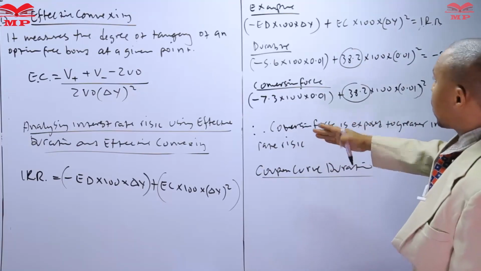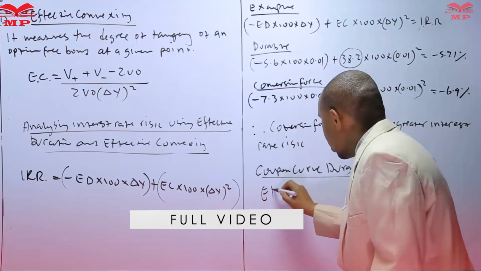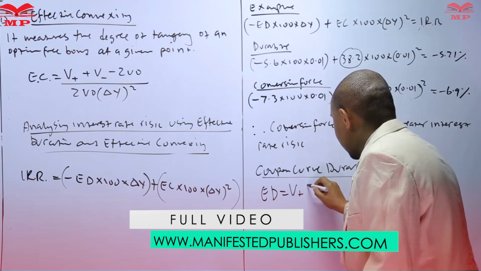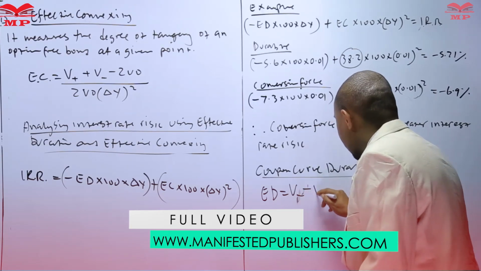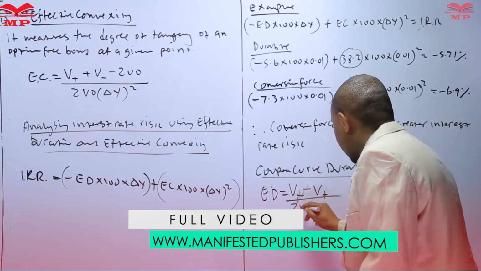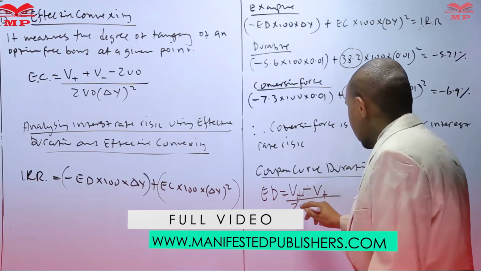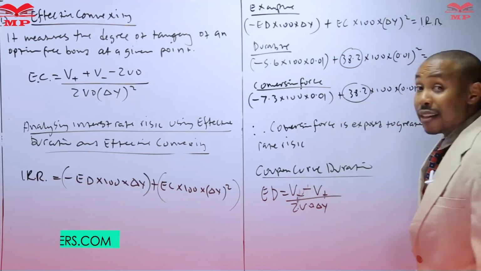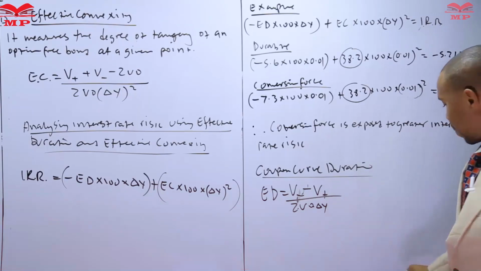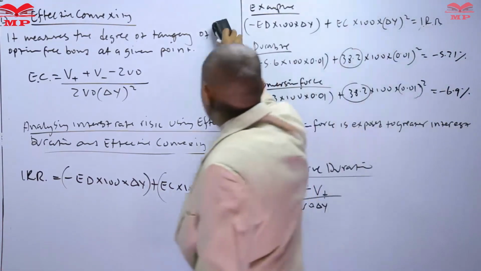We start with FT. We had already explained what FT is. The forward price there. Then we have S, spot price. E, transcendental value.